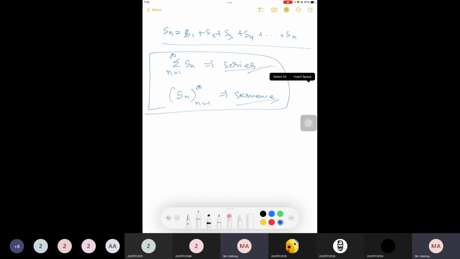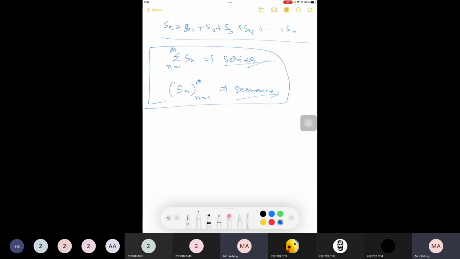Here also the same thing. We can easily find when the series is convergent, divergent or oscillatory. Suppose the summation n from 1 to infinity of Sn is a finite number, like 5 or 6, depending on the function Sn. Then that is a convergent series. If it tends to minus infinity or plus infinity, then that is divergent.